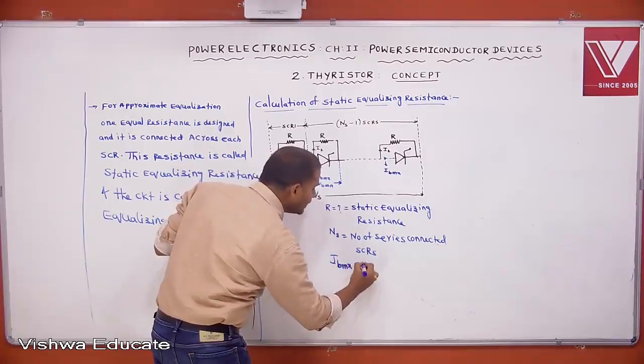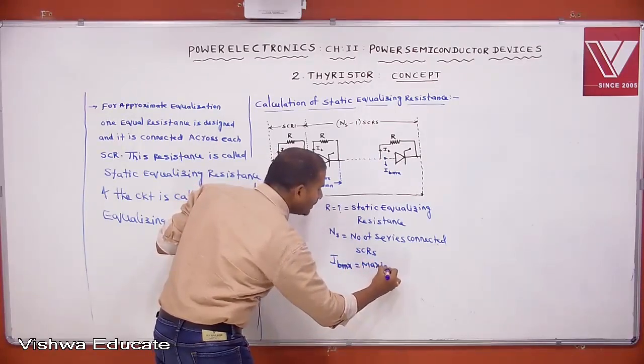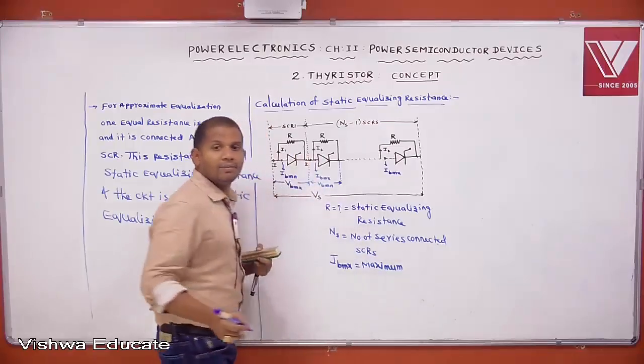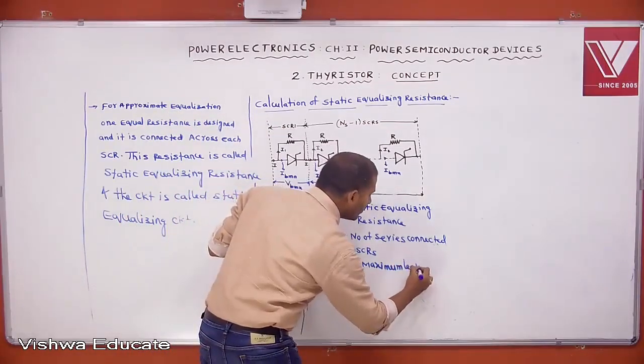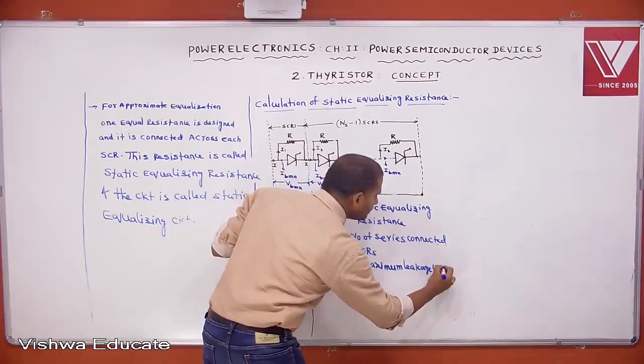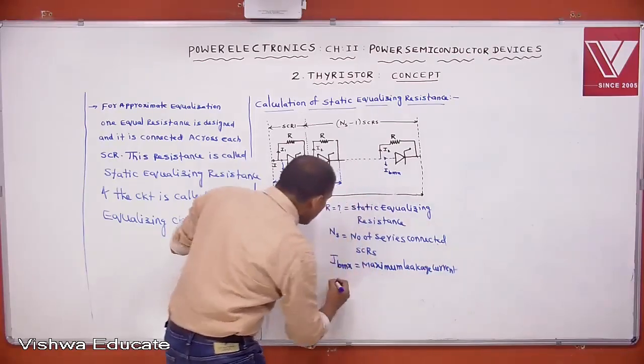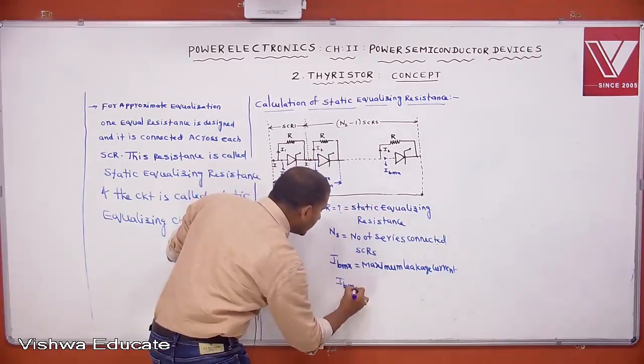IBMX is the maximum leakage current. Next, what is IBMN?